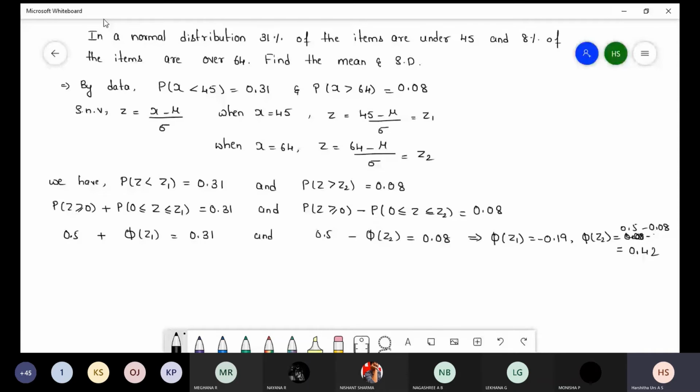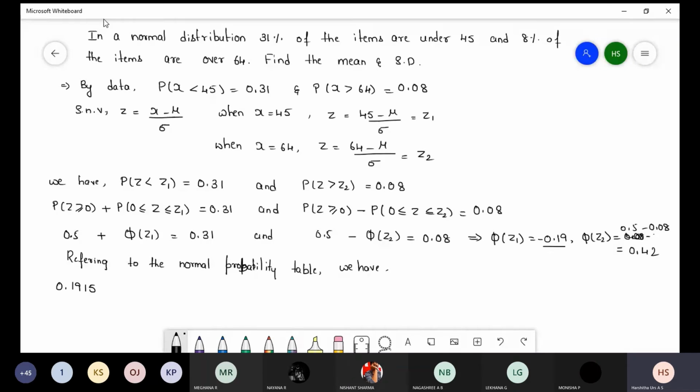Now, by referring to the normal probability table, for 0.19 we have to look in the reverse order, because 0.19 is what we got for phi of Z1, and that Z1 value we have to find out.